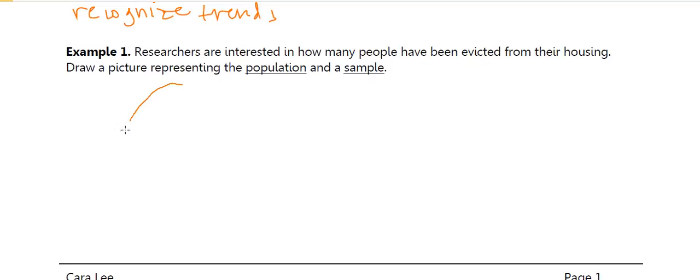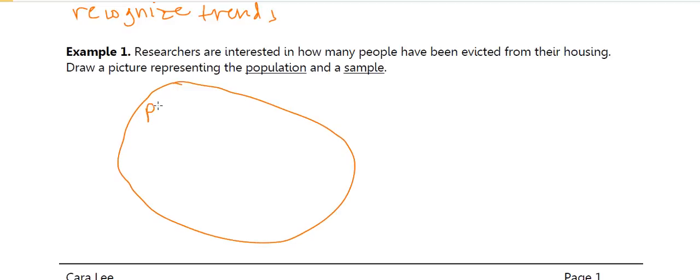So I'm going to draw a big circle for the population. So you could say this is the entire group that we are interested in. Entire group. Okay, so that would be if we were going to ask everybody if they have been evicted from their housing, that would be the entire population.